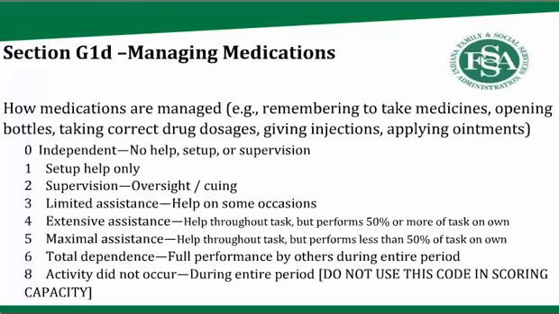So with this question here, you're coding it on two categories, performance and capacity. Performance looks at what the person actually did for themselves and how others assisted them in their IADL. And capacity looks at whether the person can perform the task even if they didn't during your assessment period.